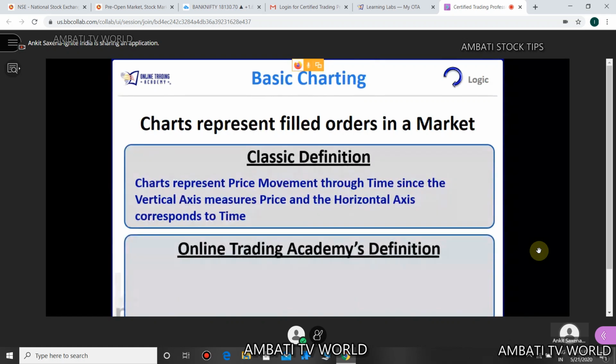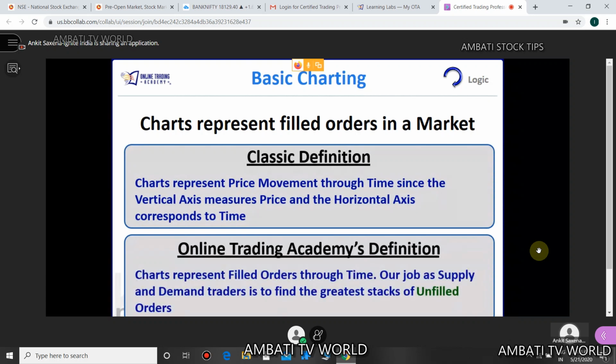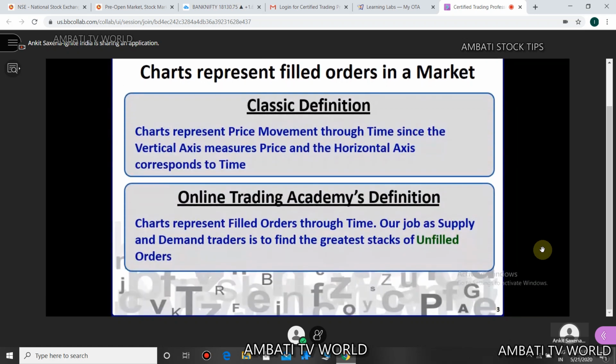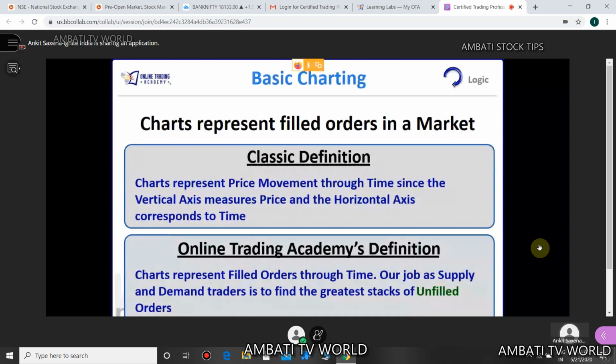The Online Trading Academy's definition says charts represent filled orders through time. Our job as supply and demand traders is to find the greatest stack of unfilled orders. On the charts, we see the filled orders, where buyers and sellers have already met.